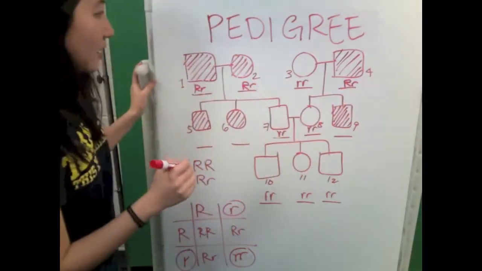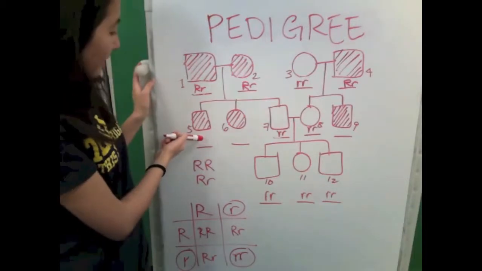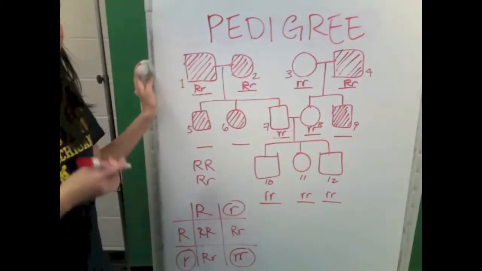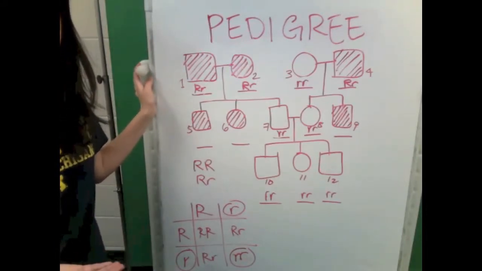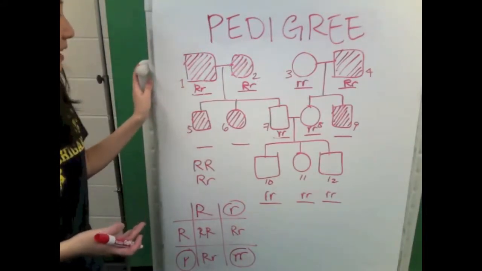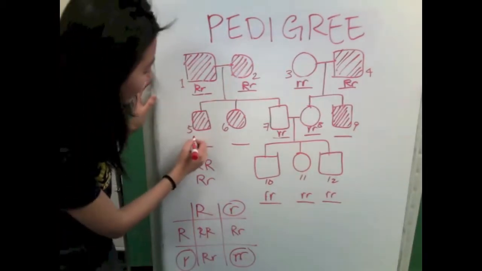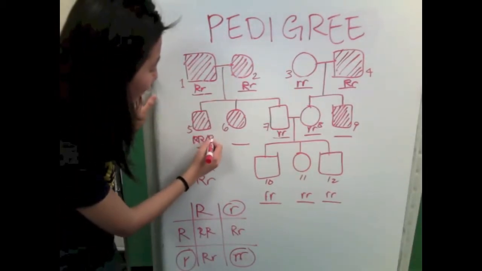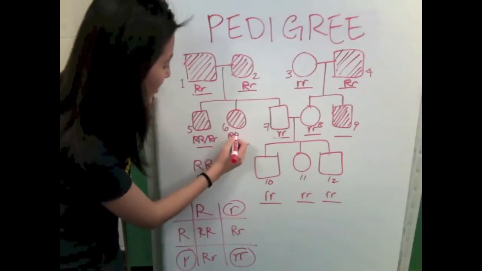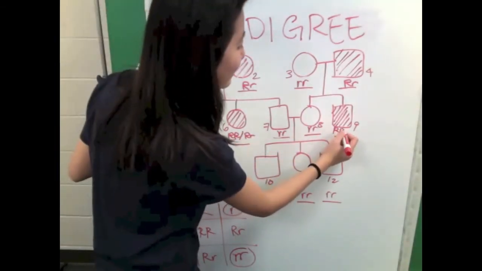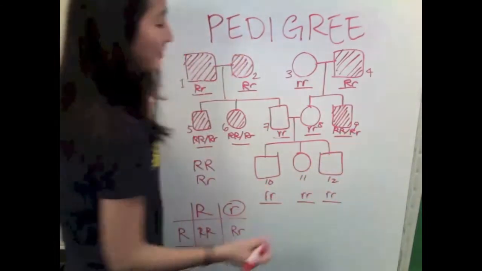For individual number 4, it must be heterozygous because one of its children is homozygous recessive. Individuals 1 and 2 both also had a recessive child, so they are both carriers for the allele. For all other individuals, they are either homozygous dominant or heterozygous.